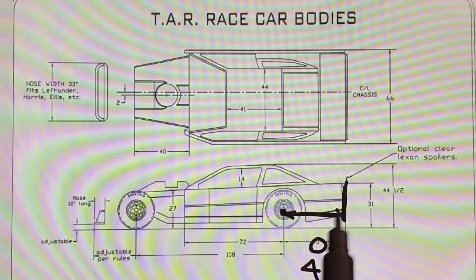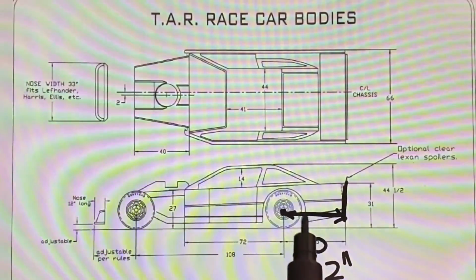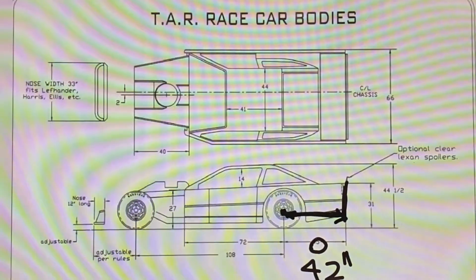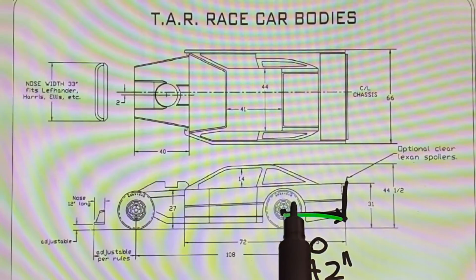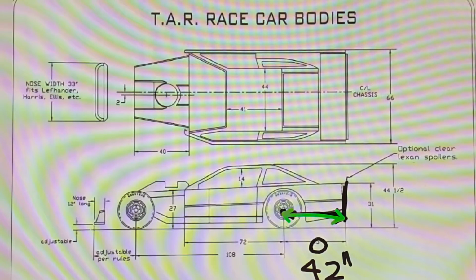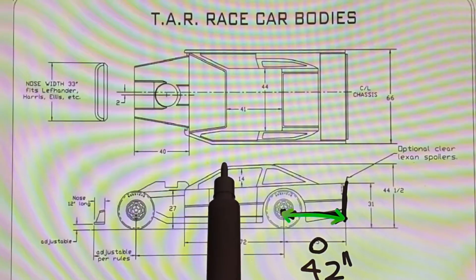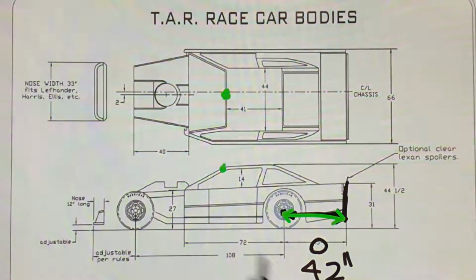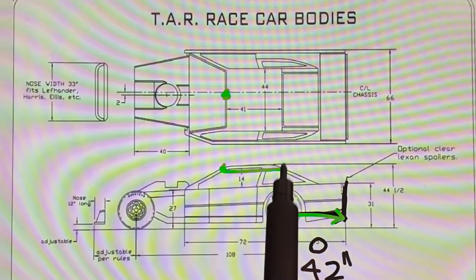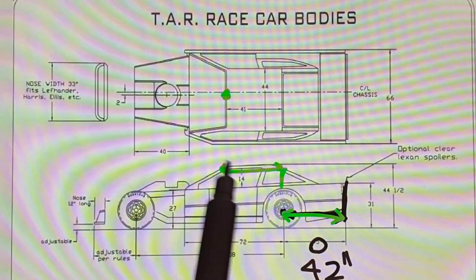Between here and here. Let me do it in a different color. That didn't work. There it goes. This distance right here. So in the 2003 NASCAR Cup season, they are talking about the distance between the center of the roof and the window, should be right there, and the center of the rear axle.